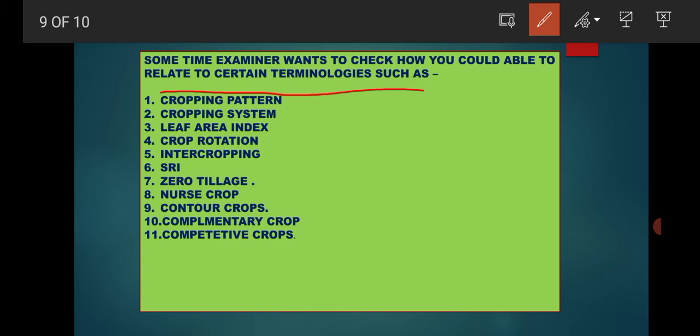In this way you have to remember certain terminologies. Those are very important for the examination. Okay guys, here also you can expect some questions, so you have to remember terminology. Here I have written some terminologies. Please go through that. In my upcoming videos I will discuss each and every terminology and MCQs based on these terminologies also.